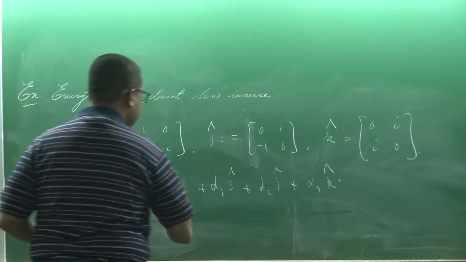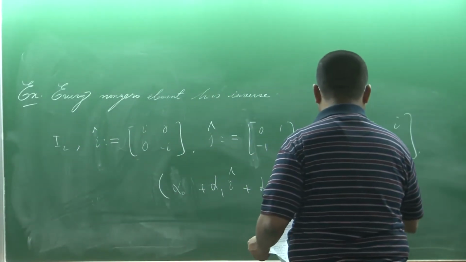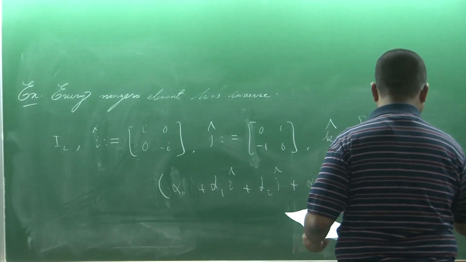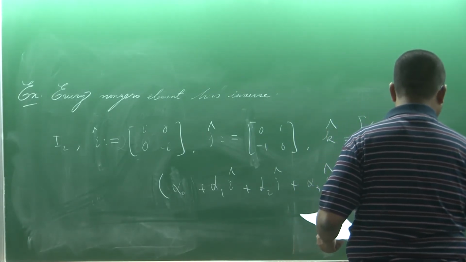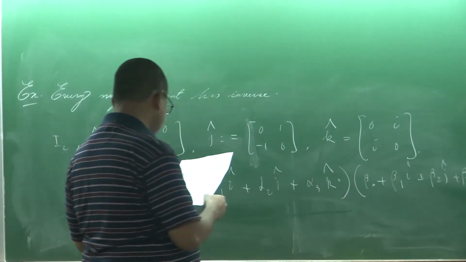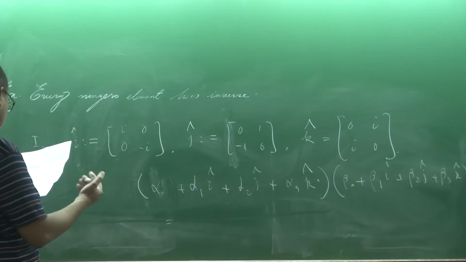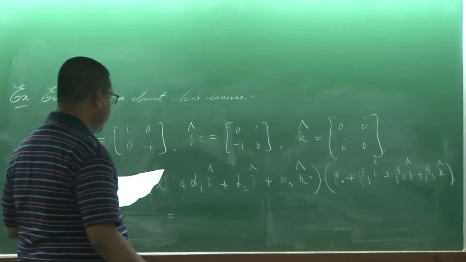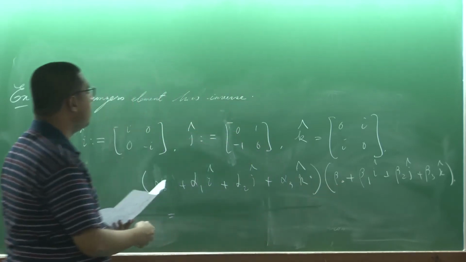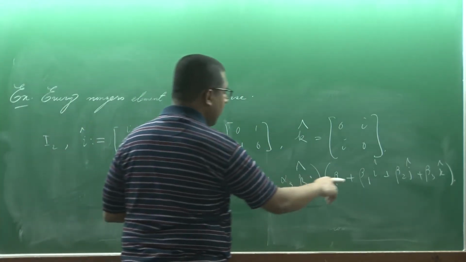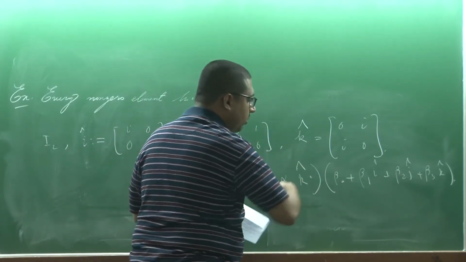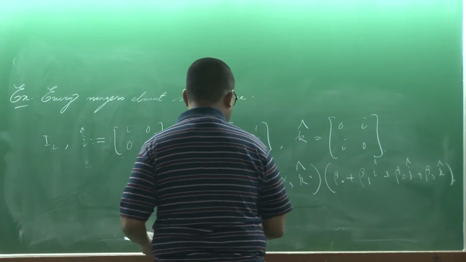Suppose we have an element of this form and another element of this form. Then the product of these two elements is determined by the product and sum of real numbers, and of course the distributivity.